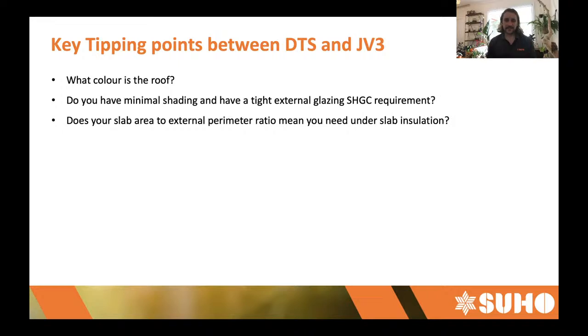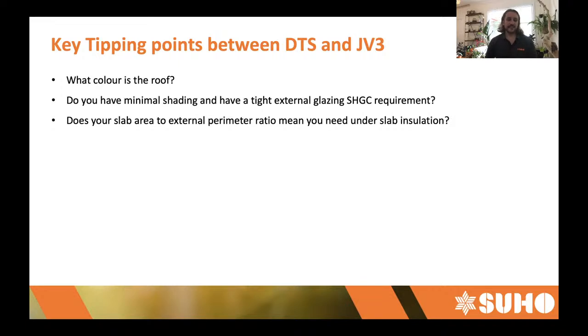However, sometimes JV3 is really the only solution for you to achieve compliance. If the client has to have a darker roof than that 0.45 solar absorptance, if you have minimal shading and end up with a tight external glazing solar heat gain requirement, that's certainly likely if you have a lot of glazing and don't have very much in the way of eaves or verandas.